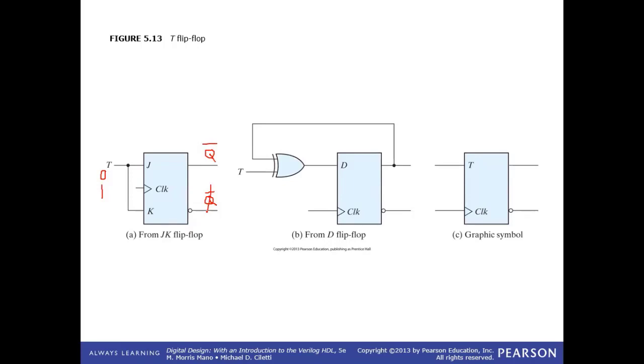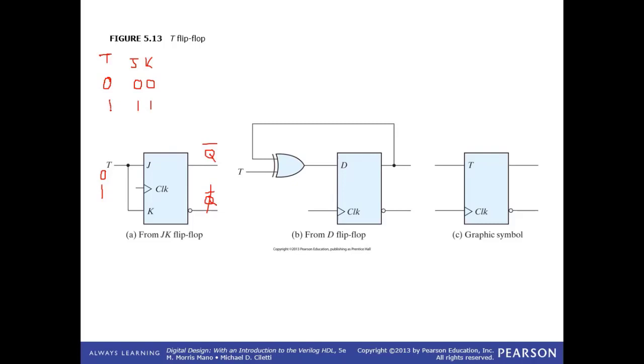So this means that by shorting the two inputs of the JK flip-flop, we have limited ourselves to two options: J and K equal to 0, 0, or J and K equal to 1, 1. This is being done with the help of a single input, which is the toggle switch. If this is 0, both J and K are equal to 0, representing the state where we have no change.